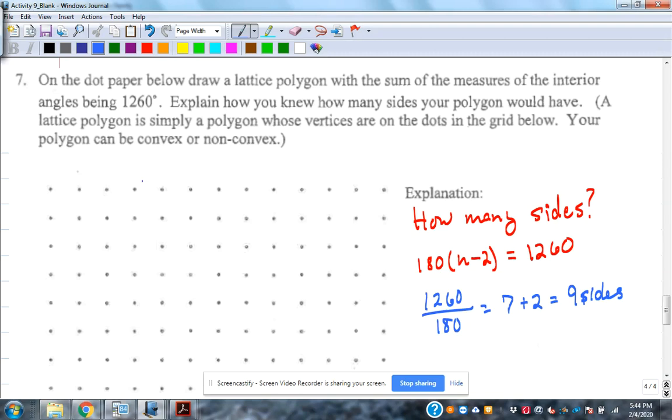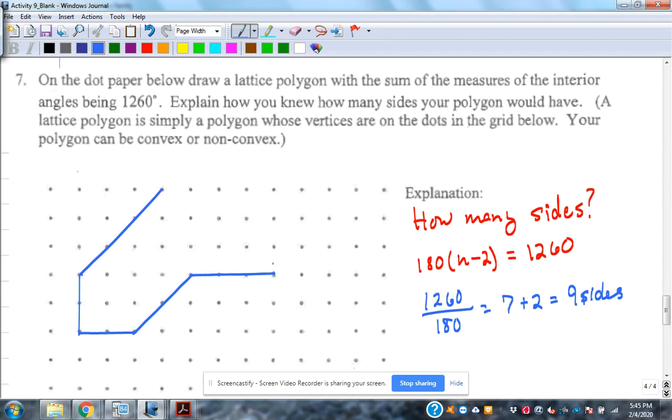So I'm going to start with this. Oops, didn't line up my. So there's my first side. There's side number 2. Side number 3. Side number 4.